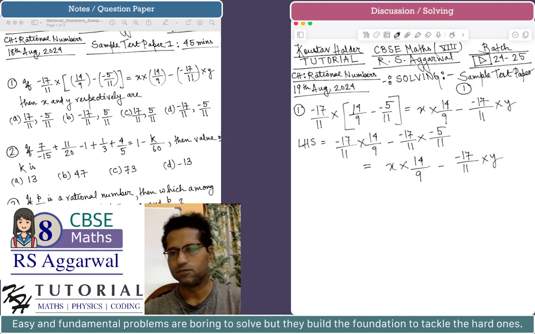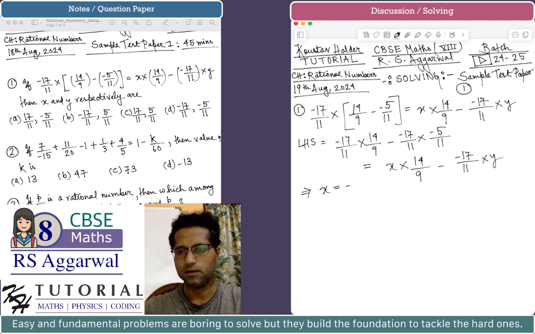So definitely, if you observe both the left hand side and the right hand side, y has to be equal. And depending on the rational numbers, you can clearly say that x has to be equal to the first term of both the sides.